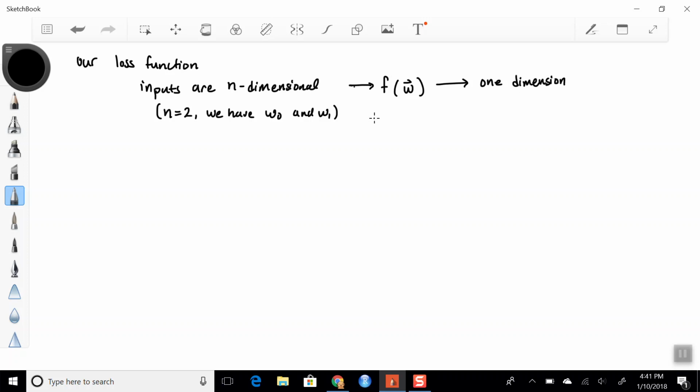So mathematically we would write that this function maps from n-dimensional real space to just regular real space, right? And that's the rule of a function: whatever inputs you have, it can only output one thing in order for it to be a function. And that's what we have. We've got n-dimensional input, in our case dimension 2. That two-dimensional thing outputs to 1, okay?